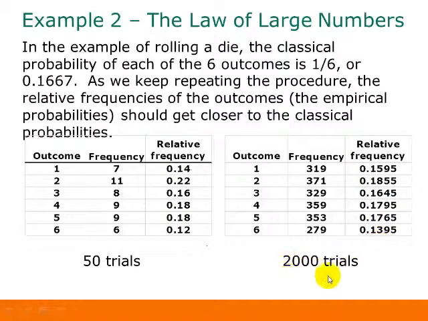So again, as we repeat the procedure, so if we kept repeating this and got up to 10,000 trials or 50,000 trials, the law of large numbers tells us that these relative frequencies would get closer and closer to our classical probability of 0.1667.